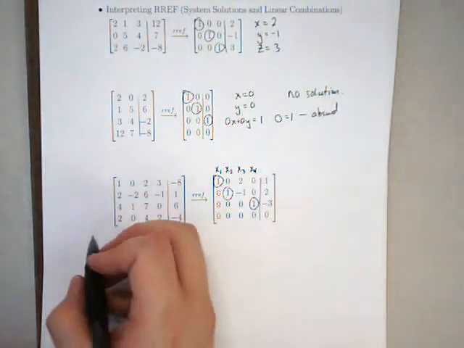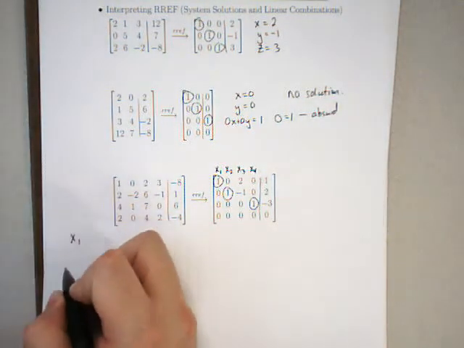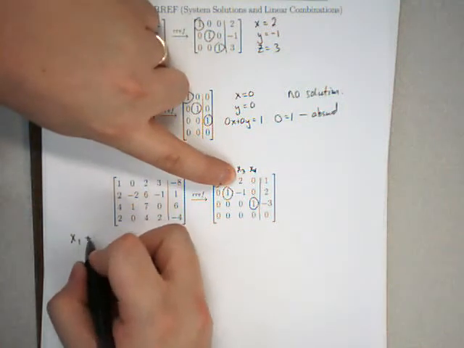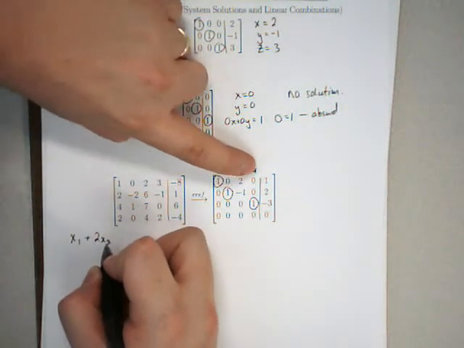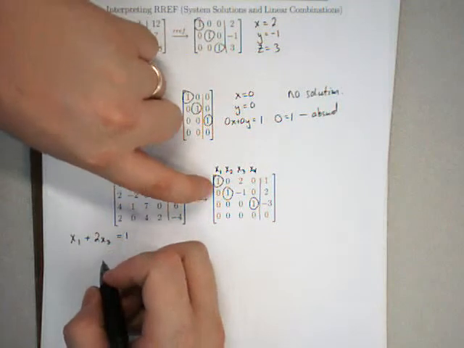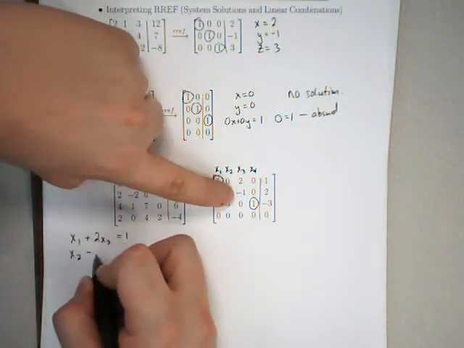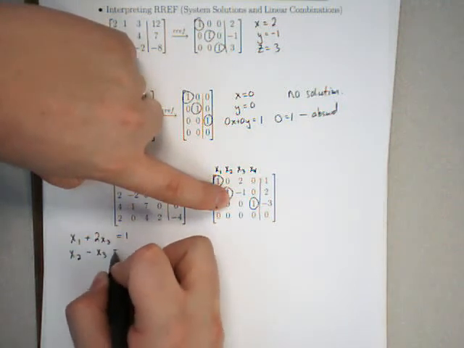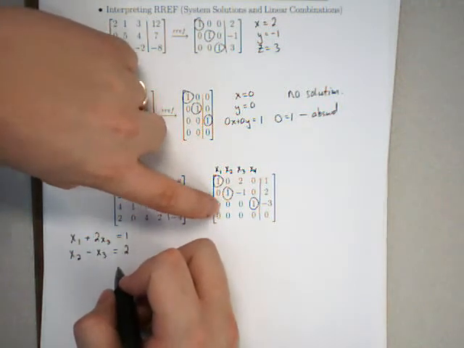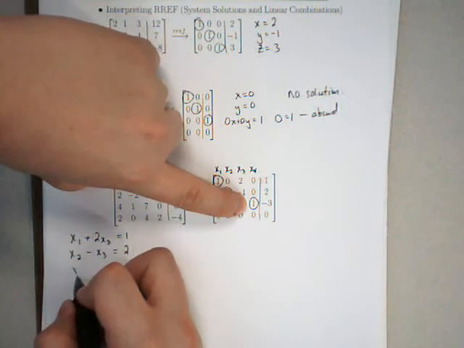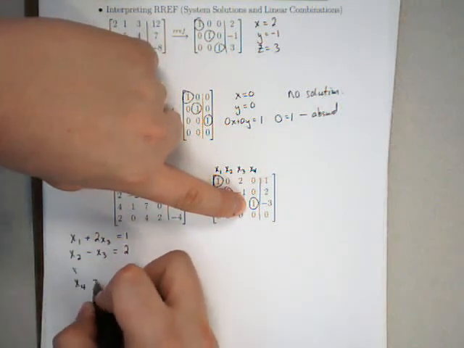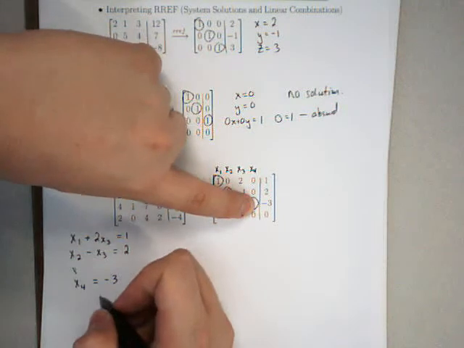So here what we have is x1 plus 2x3 equals 1. We've also got x2 minus x3 equals 2. And then on this row I have x4, let's skip a spot for a second, x4 is -3.